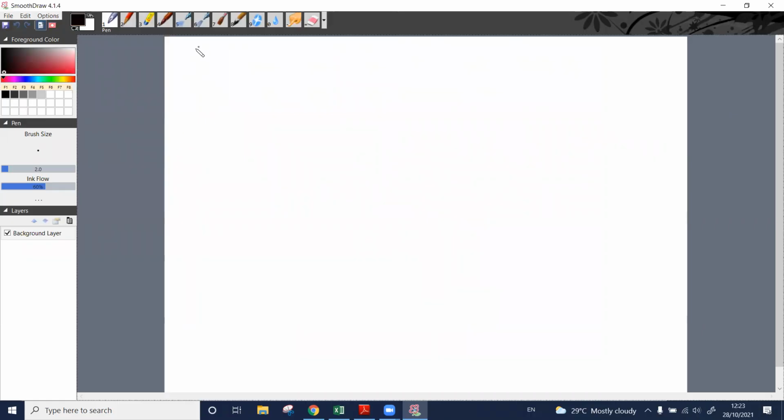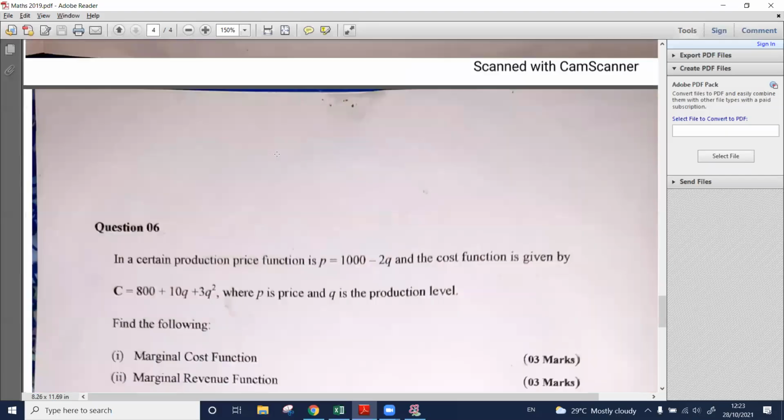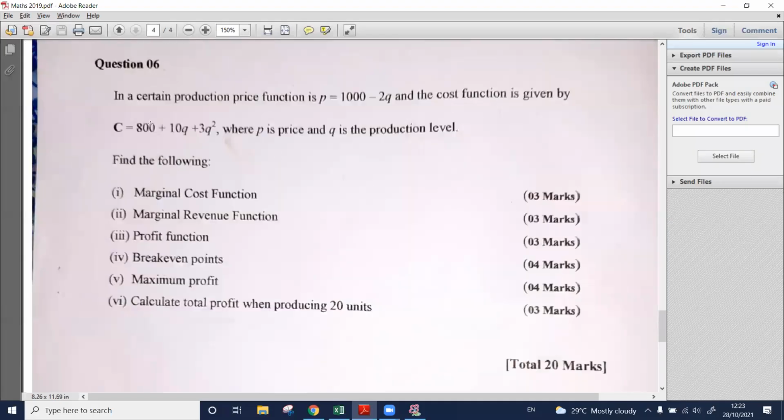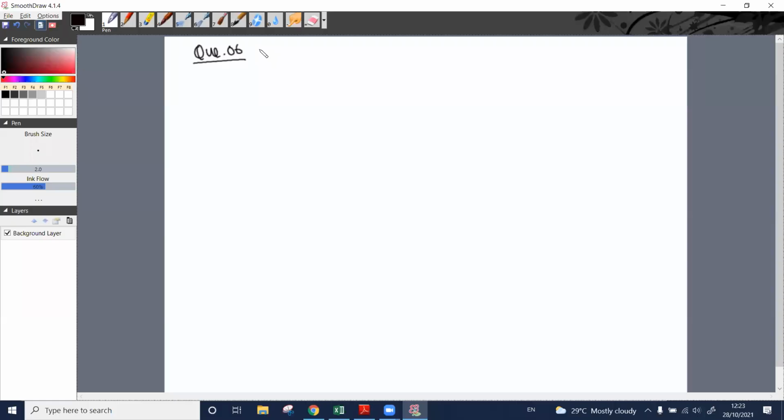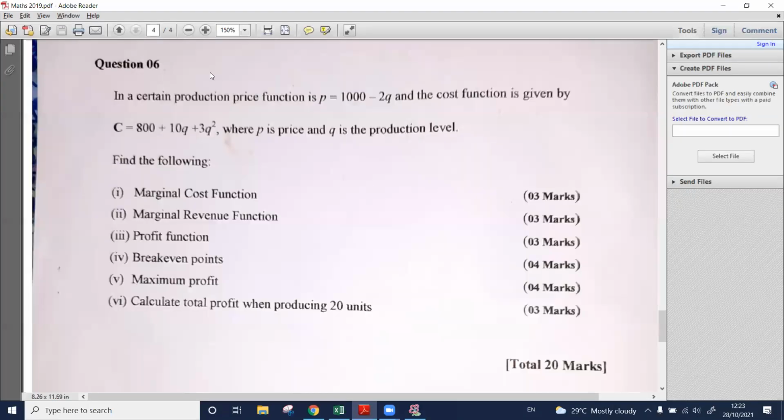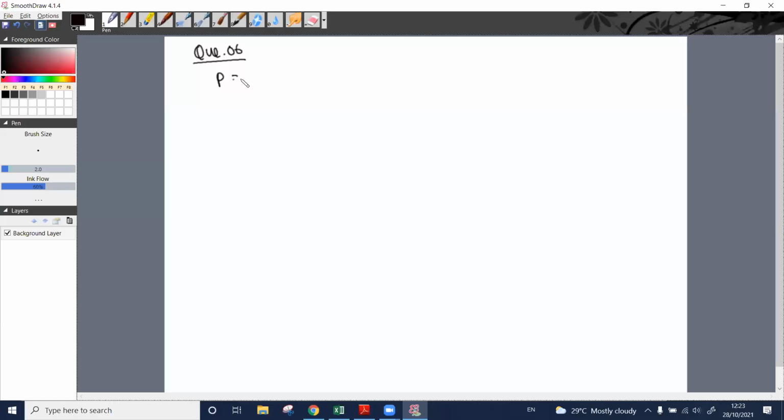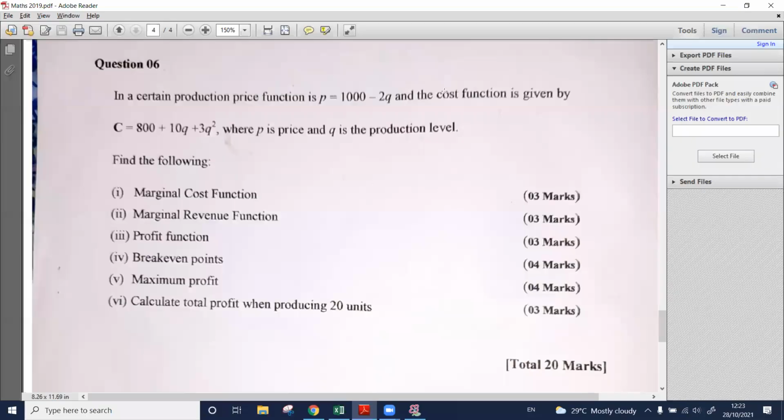Question number 6. In a certain production, the price function is given, that is P equals 1000 minus 2Q, where P is the price.